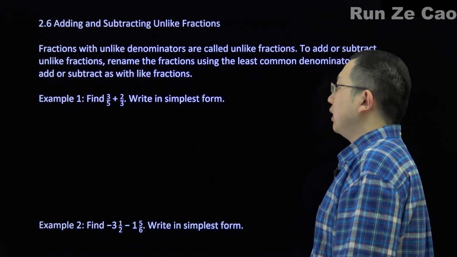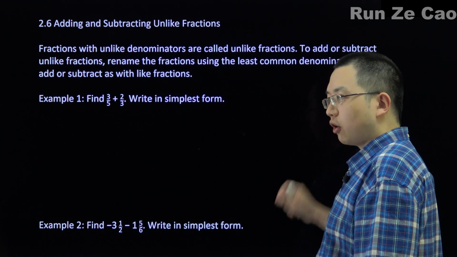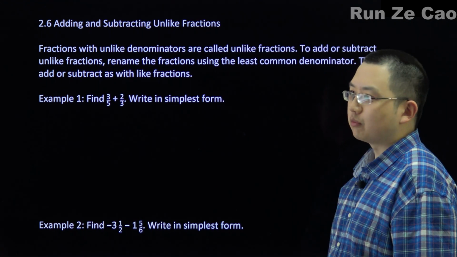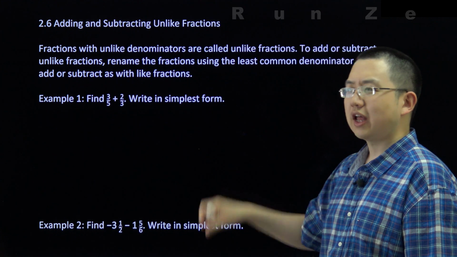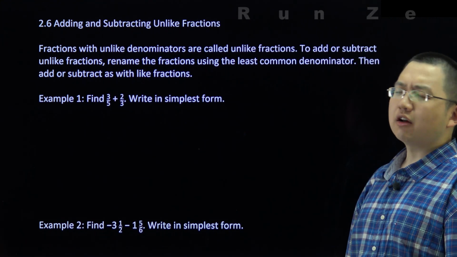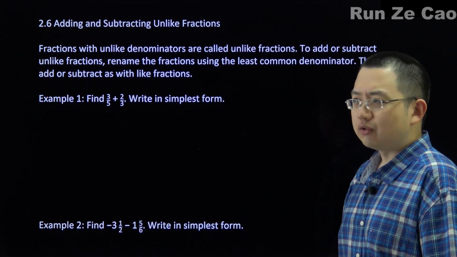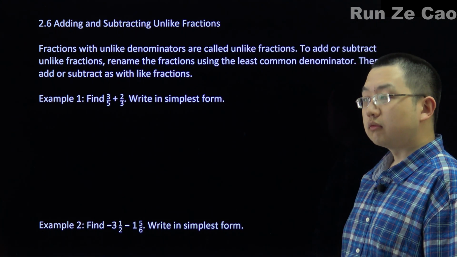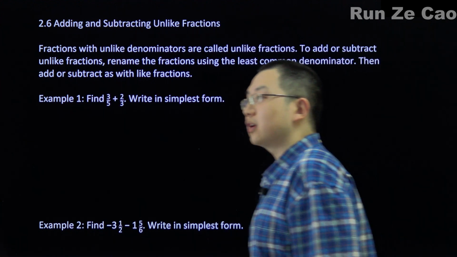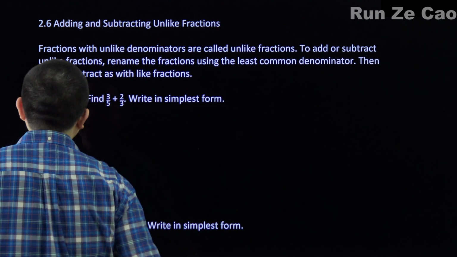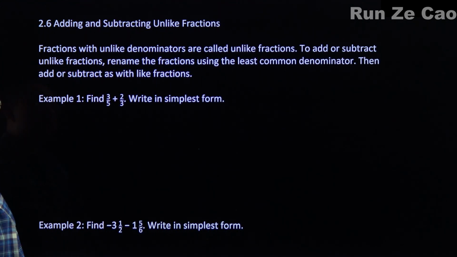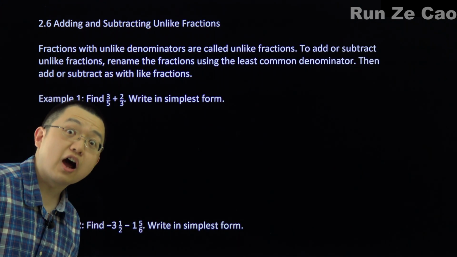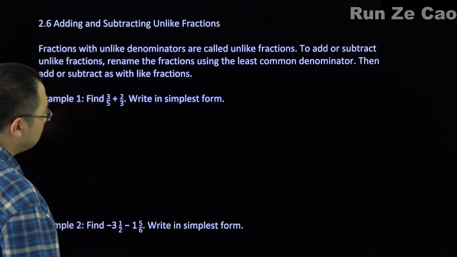And we also multiply the numerators appropriately so that we don't end up going from 2 over 5 to, say, 2 over 10 without explanation. No, if you want to go from 2 over 5 to something over 10, it has to be 4 over 10. Remember, guys, from back when we were converting equivalent fractions? Yeah. So then you add or subtract as with like fractions, because by then they are like fractions.